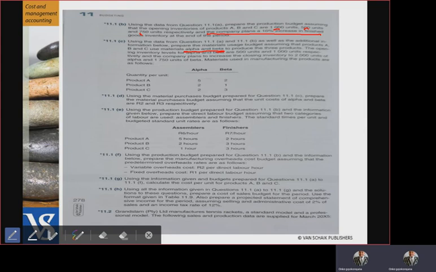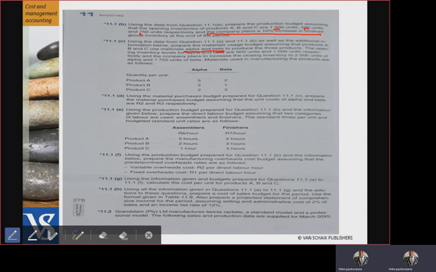That's fine. We are not making any sin by doing that. So you can say, okay, to produce product A out of alpha, I need 5 kilograms. Then for the same product, I take 2 of raw material beta. Product B, I need 2 kilograms of alpha and 1 kilogram of beta. Product C takes 2 and 3. So that's the information that we have.